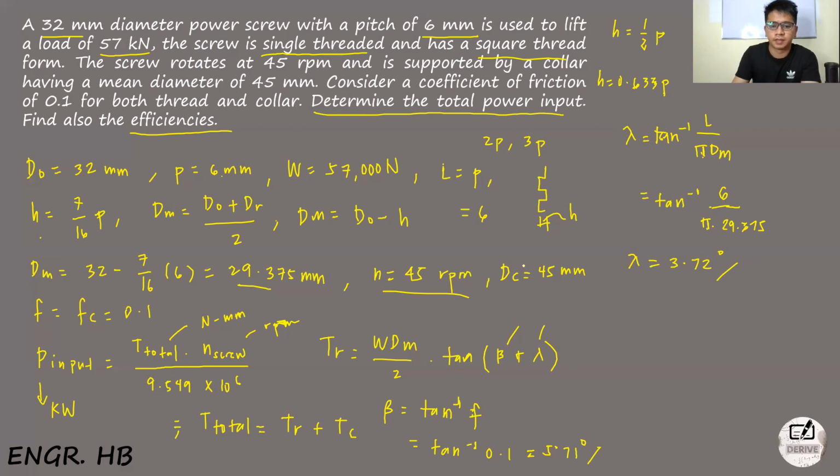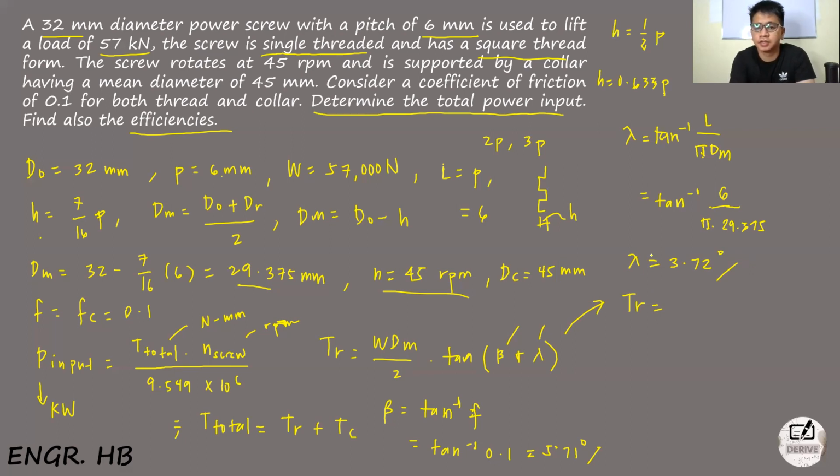So ayun, meron tayong W, meron tayong dm divided by 2. So our torque will become, W mo is 57,000 times dm mo 29.375 divided by 2 kasi WDM divided by 2 times tangent, yung sum ng beta and lambda.